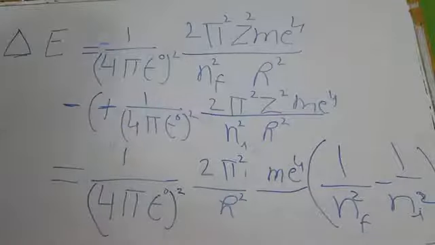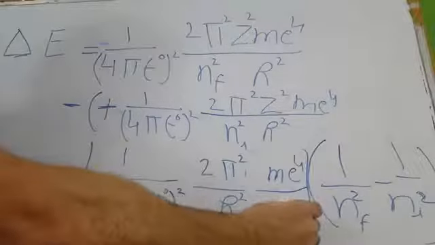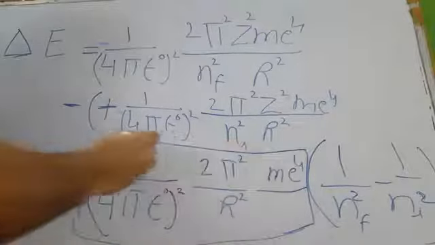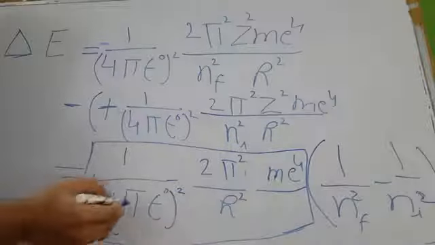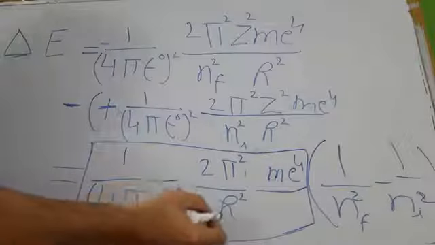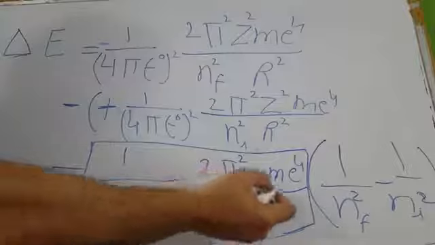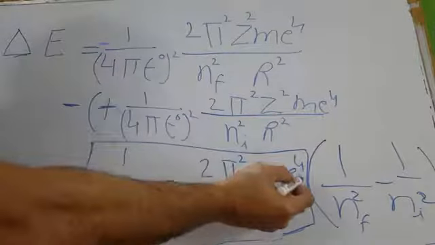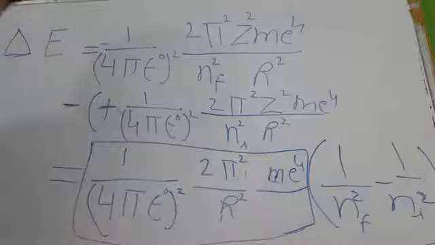Here this equation comes out, and this all is constant for hydrogen atom. 4 pi epsilon 0 is a constant. Planck's constant is also a constant. Pi is a constant. The charge on electron is constant, and mass of electron does not vary either.